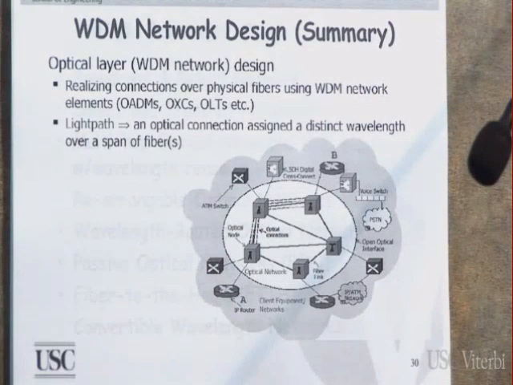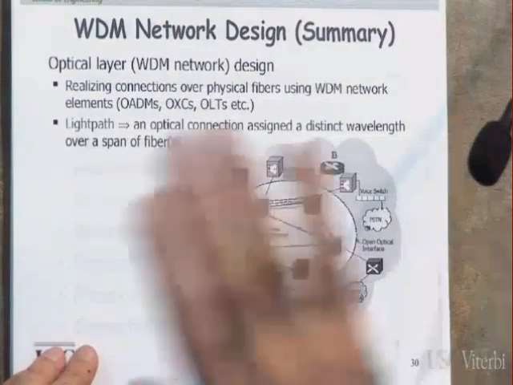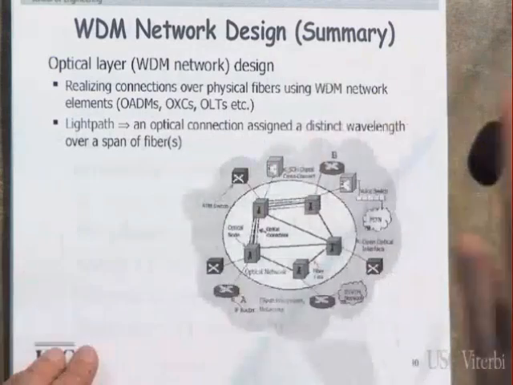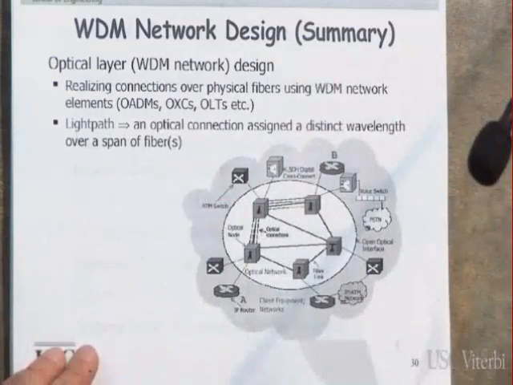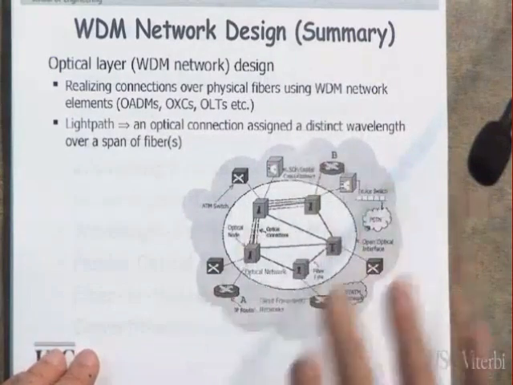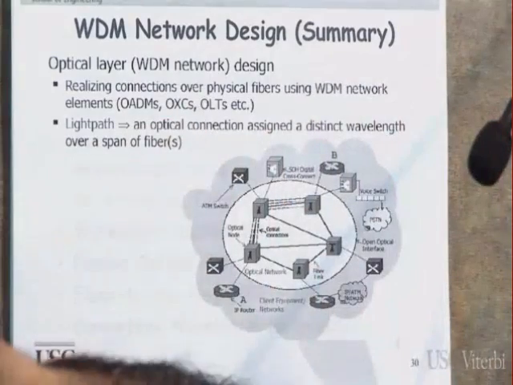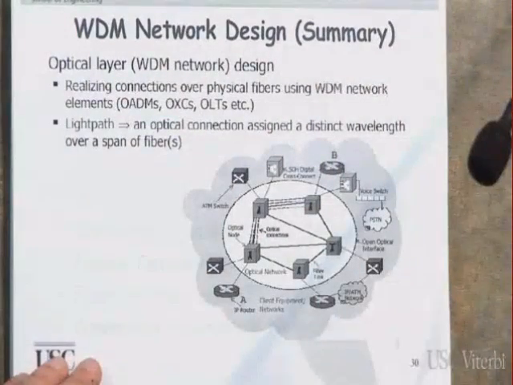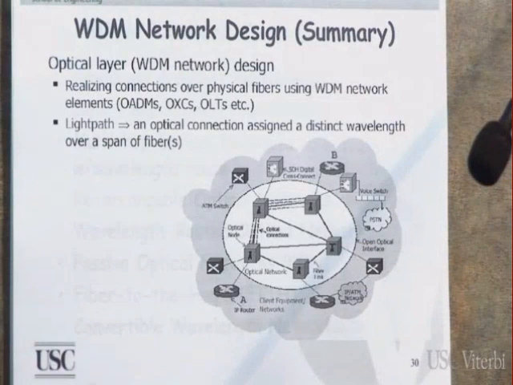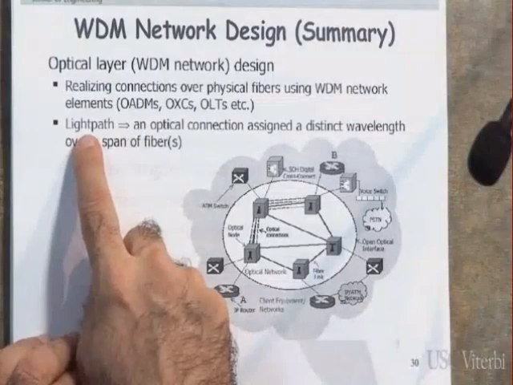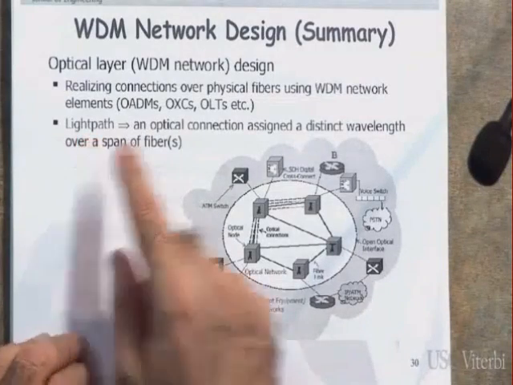From one source to one destination, there is a span of fiber, and you do have continuity of a wavelength, which means lambda 1 is available in all of these spans of fibers. We say we created a light path.